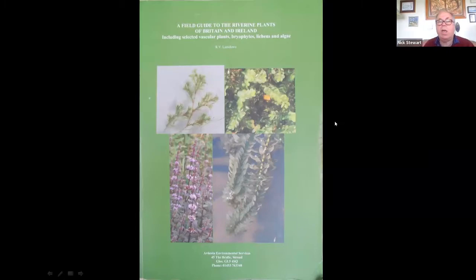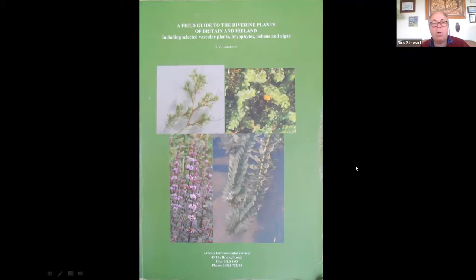Another useful book is Richard Lansdown's book on river plants. Although specifically aimed at rivers, there's a lot of overlap with standing waters, so it will be equally useful if you're looking at lakes. And again, it goes into detail with tables and things for species that are quite similar, and you can get more detail than you would get from the floras.